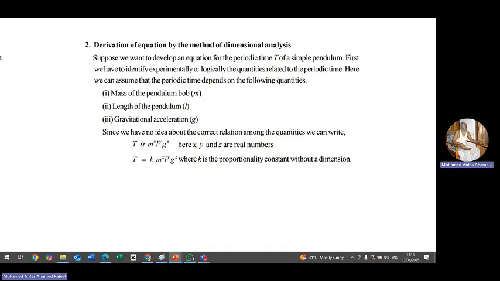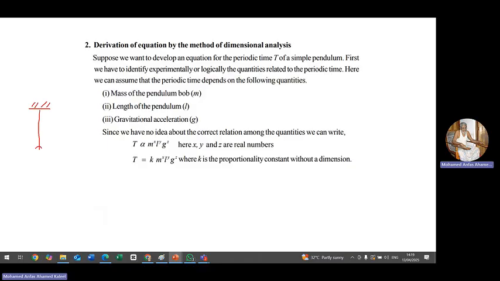Let's say we want to develop an equation for the periodic time T of the simple pendulum. First we have to identify experimentally or logically the quantities related to the periodic time. For example, let's draw a pendulum here.